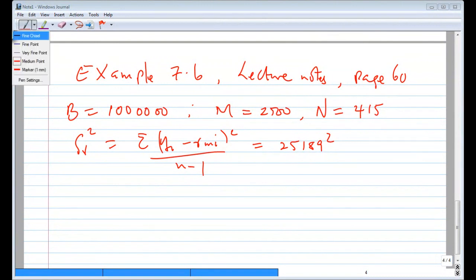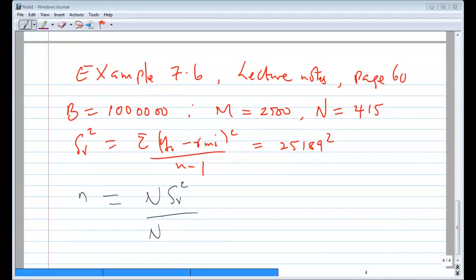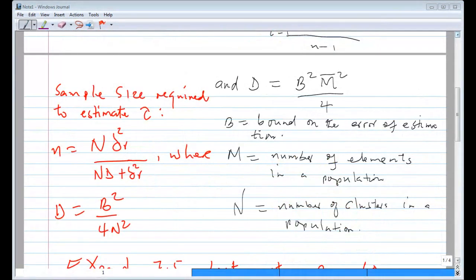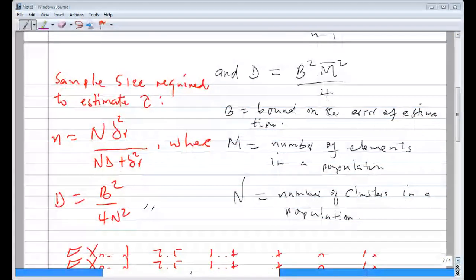So our n will be equal to N times sample variance divided by N times D, and our D in this case, for estimating the population total, is B squared over 4N squared, isn't it? Yeah, this is the one. Okay.